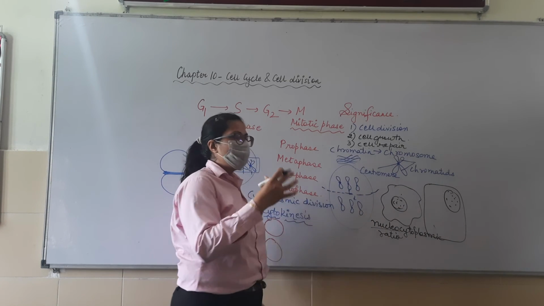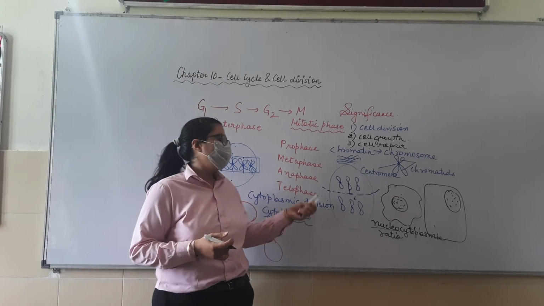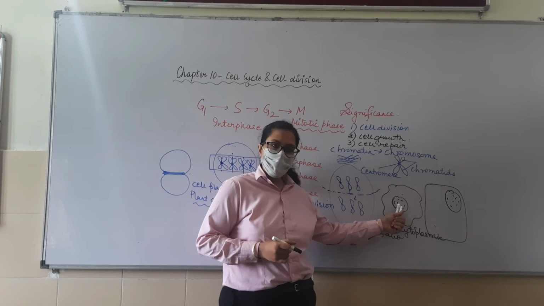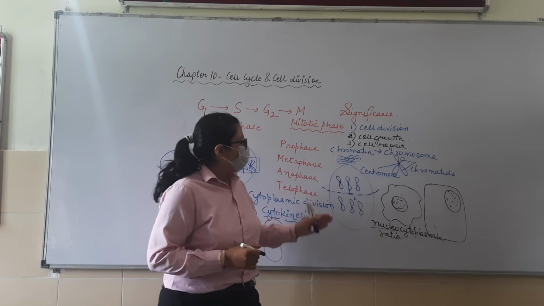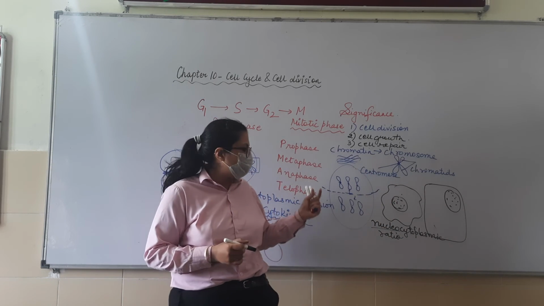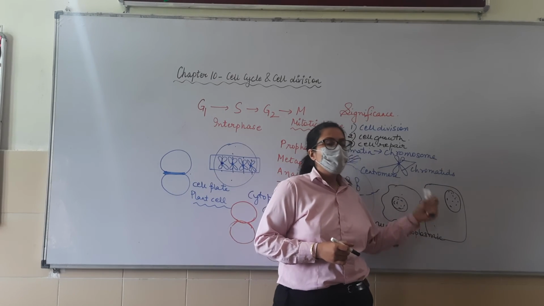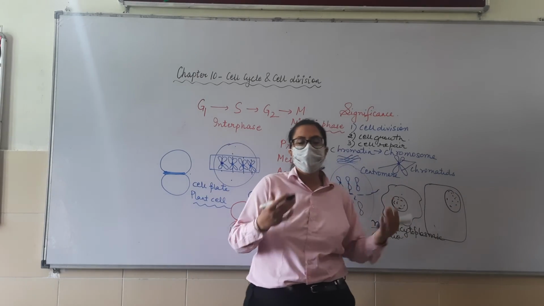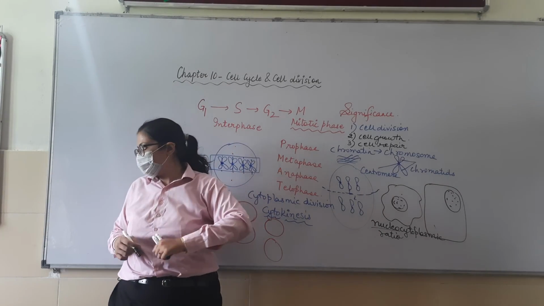That means how much volume is occupied by the nucleus and how much by the cytoplasm. If we see over here, the nucleus is occupying this position and this much is the cytoplasm. So for animal cell, there will be a respective ratio of nucleus and cytoplasm. Similarly, for plant cell, there will be a specific nucleocytoplasmic ratio. So that will be maintained by which process? By mitosis.